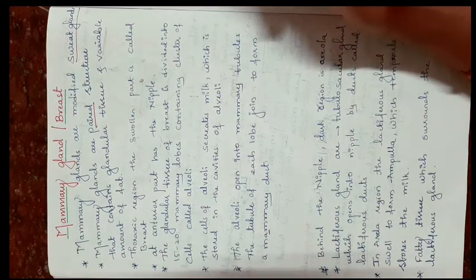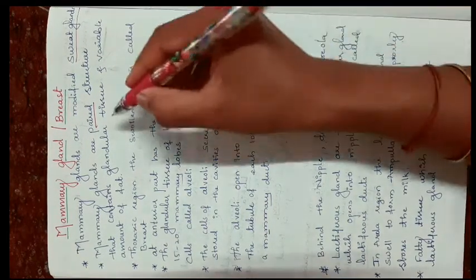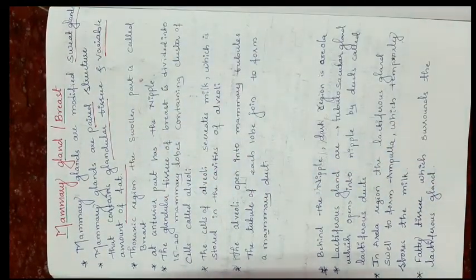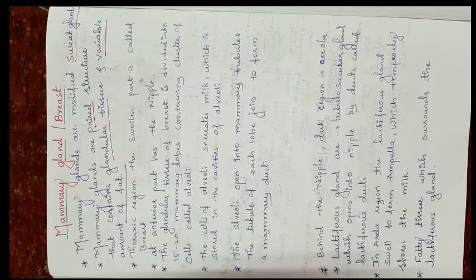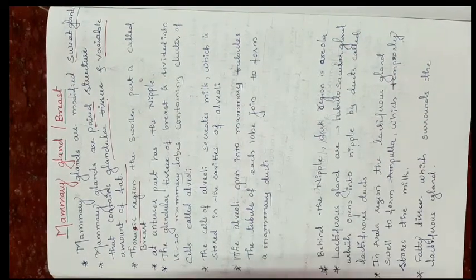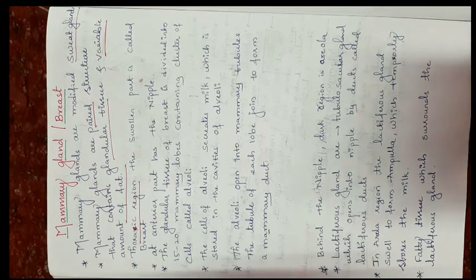The structure contains glandular tissue and a variable amount of fat. Glandular tissue is present, and fat is also associated with the glandular tissue. The mammary glands in females are present at the thoracic region. In the thoracic region, the swollen part is called the breast.